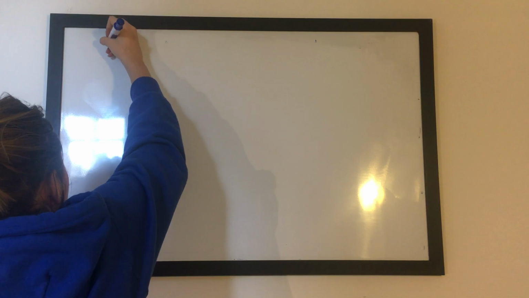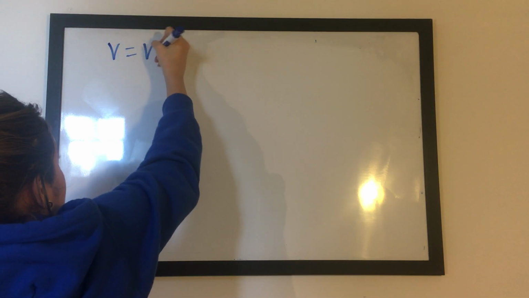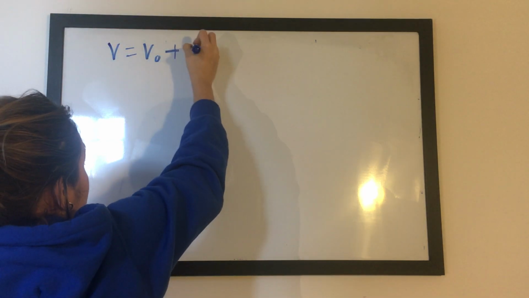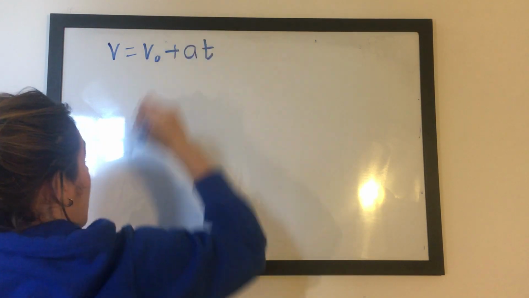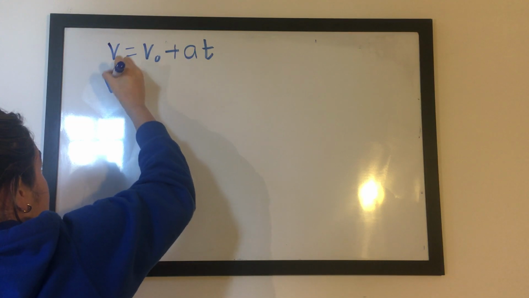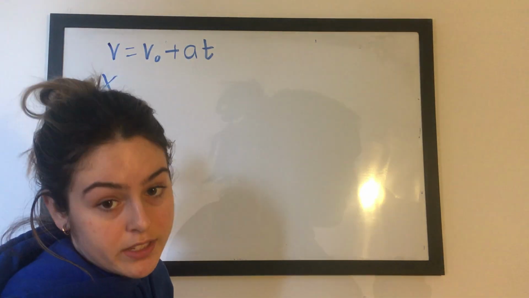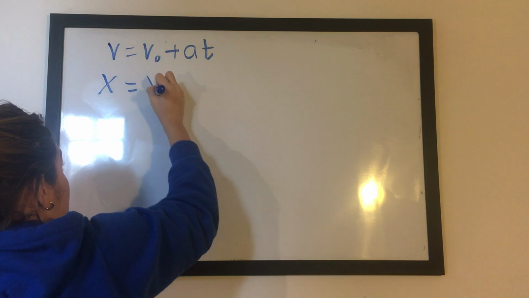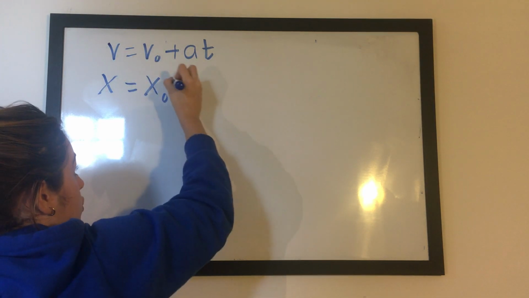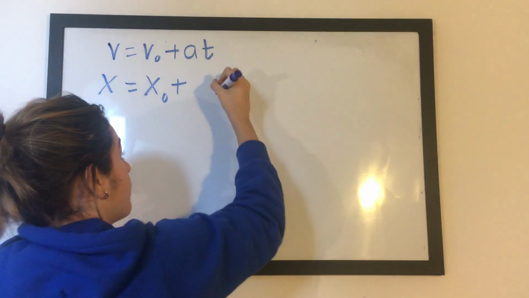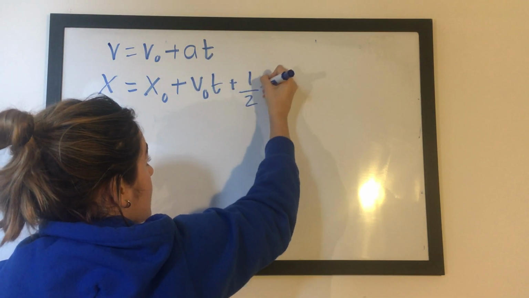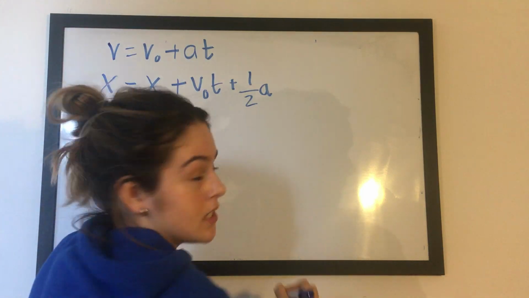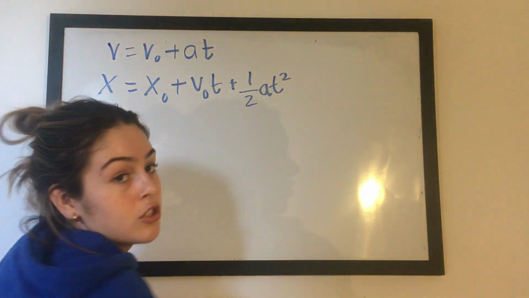First, we've got velocity is equal to velocity initial plus acceleration times time. Then we've got x, which is known as position, is equal to x initial, position initial, plus velocity initial times time, plus 1/2 acceleration times time squared.